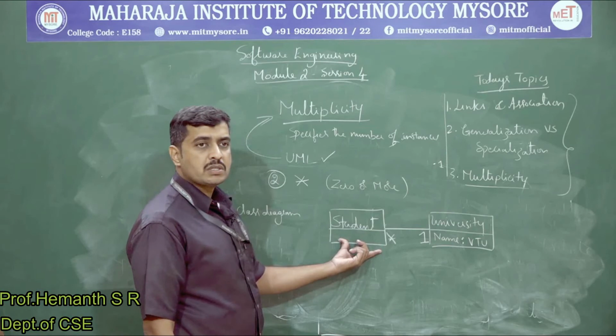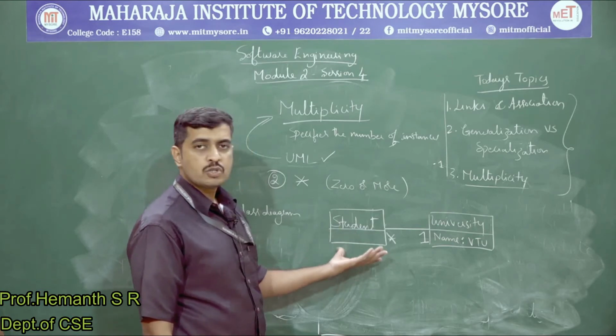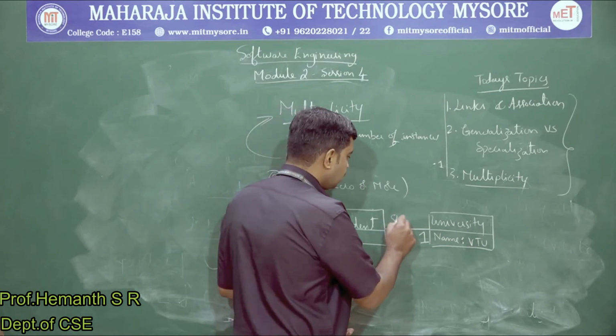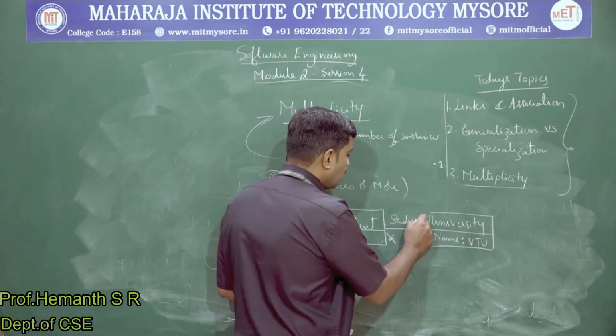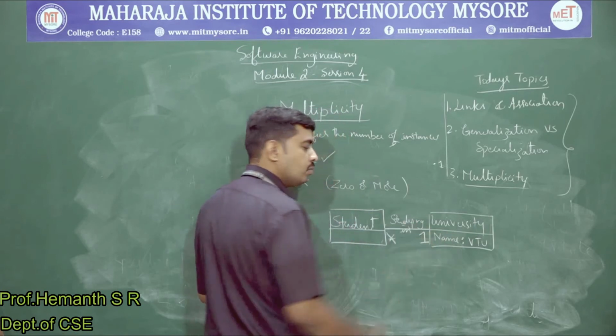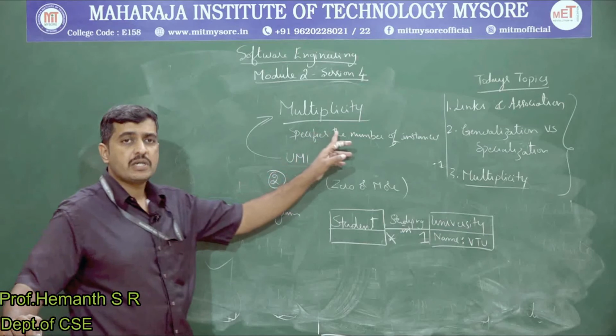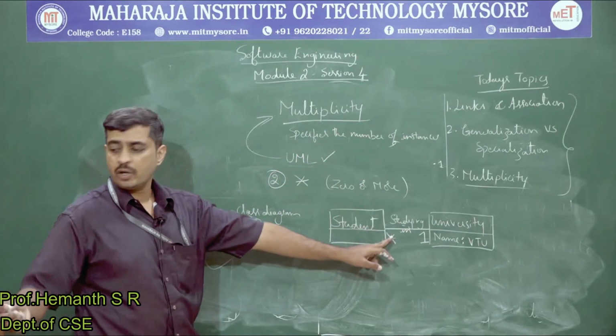So n number of students, or more than one student, are studying in VTU, and that is the relation. This was the multiplicity where multiple instances are denoted.